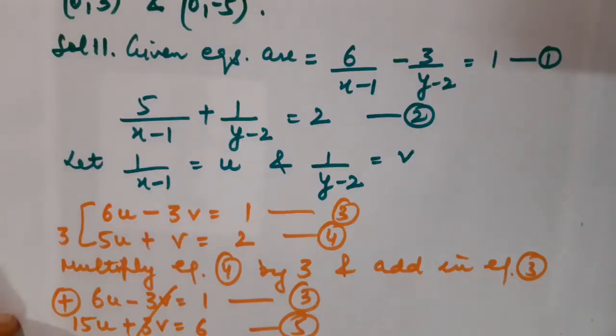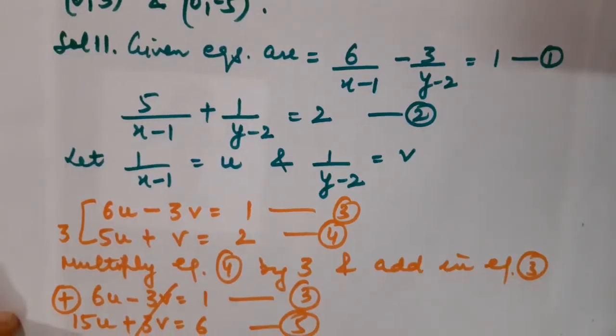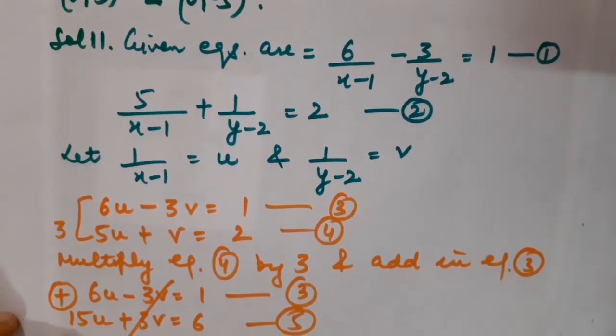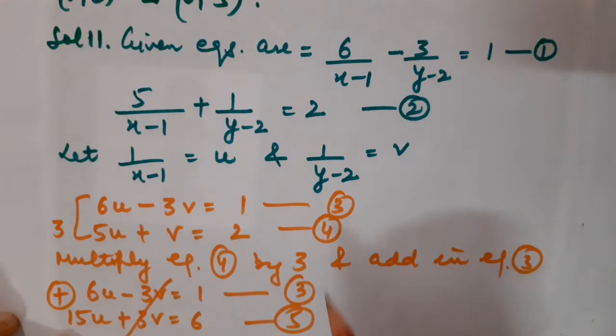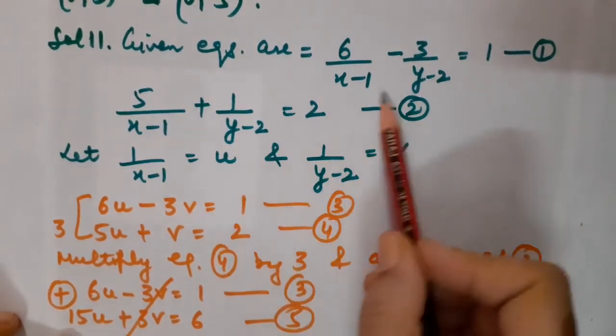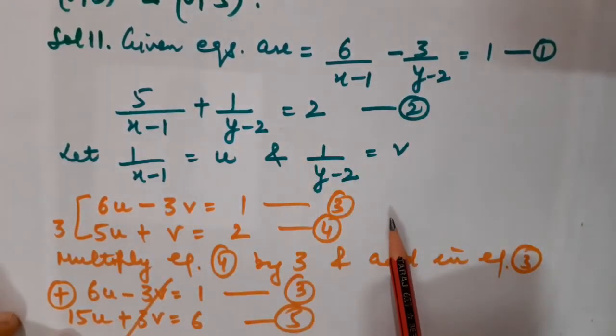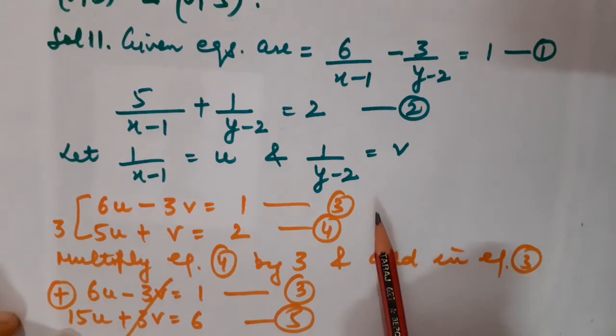So children, can you judge which method we are going to adopt? Correct. We are going to adopt a reducible form, reducing a pair of linear equation to another pair of linear equation, which is actually the generalized form.